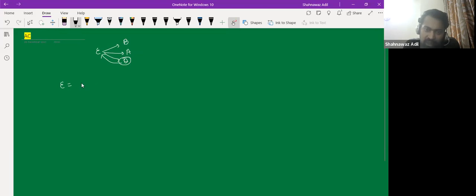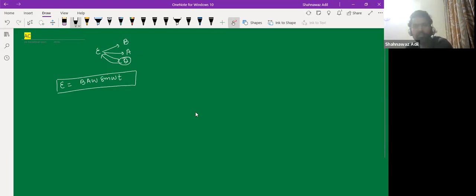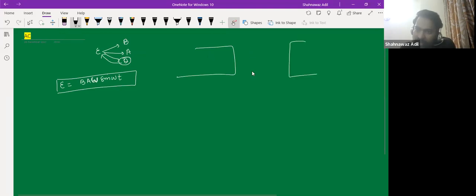This was B A omega sine omega t. Do you remember this thing? Yes. So we had this magnetic field and we had this coil aperture, right? And this area was fixed, only this thing was rotating, right?